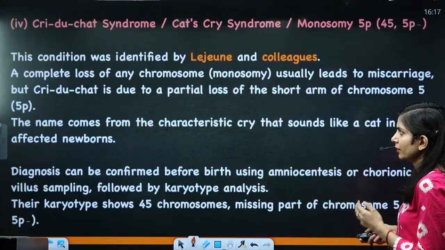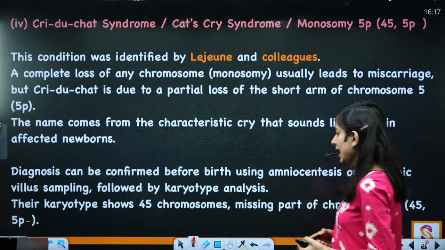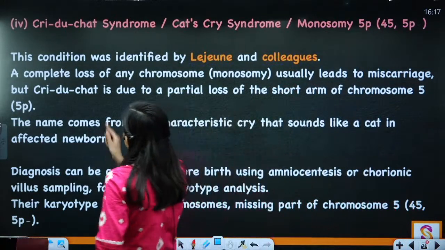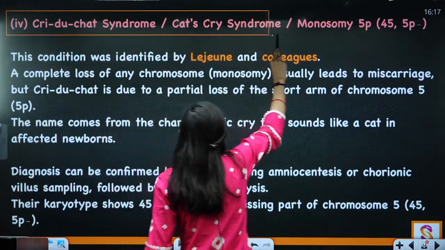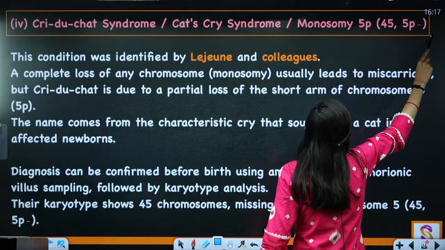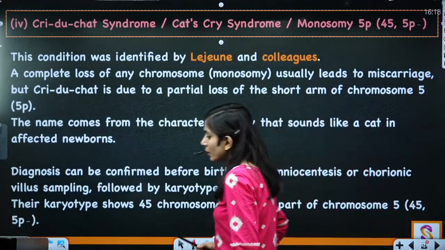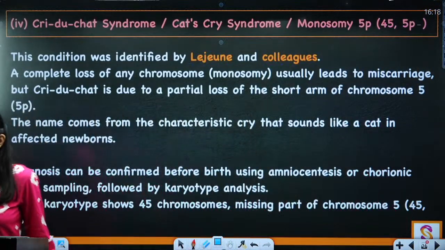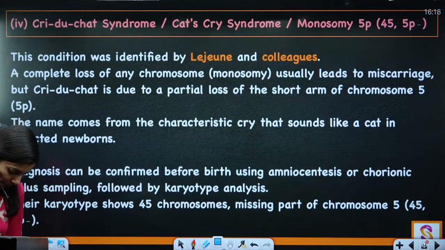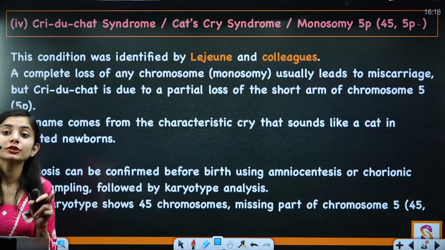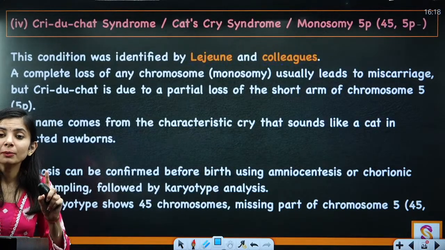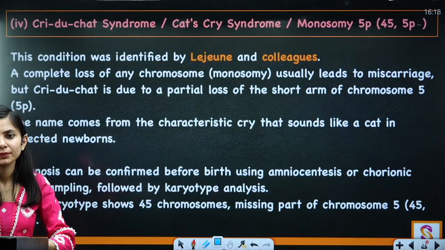Fine. Now next one, as well as the last one, is cri-du-chat syndrome or cat's cry syndrome, also called monosomy. What is the reason behind it? Why is it specified as monosomy? Because in this case, there is absence of one chromosome in the 5th chromosome.